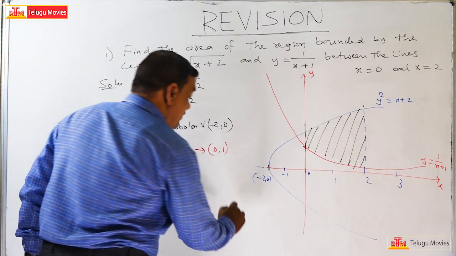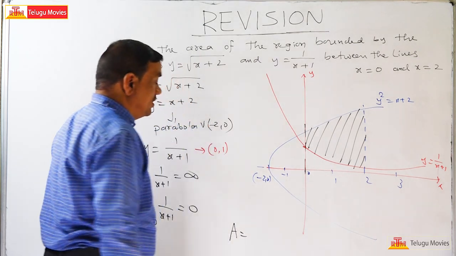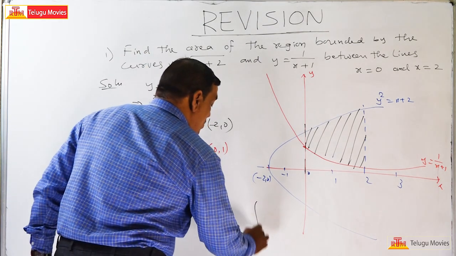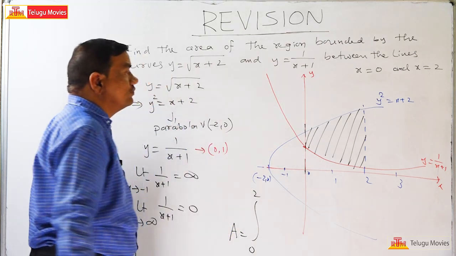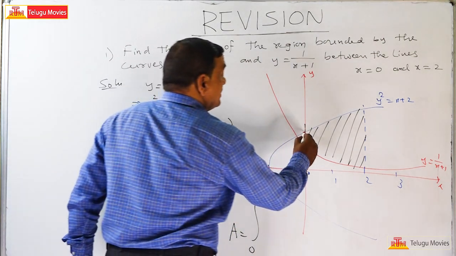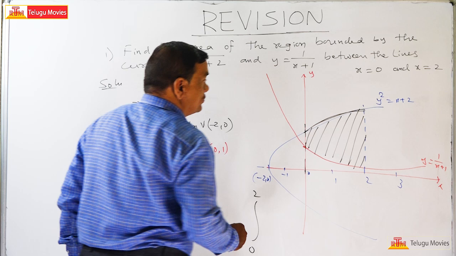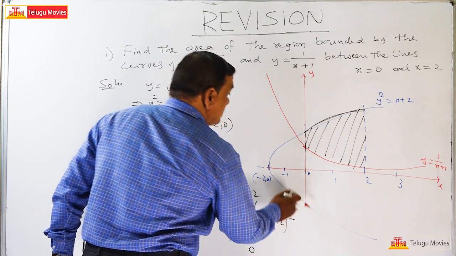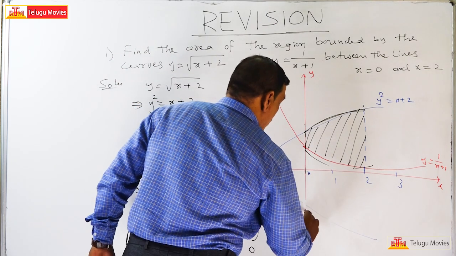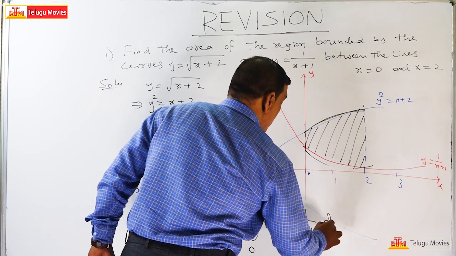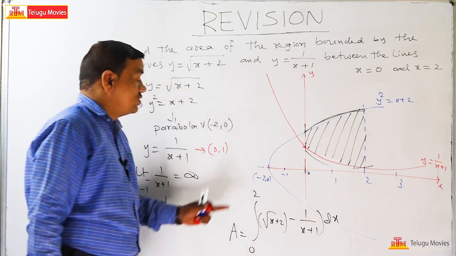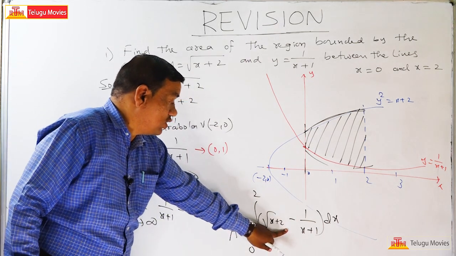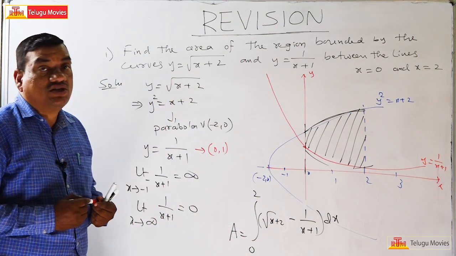The upper curve is root of x plus 2, minus the lower curve, 1 by x plus 1, dx. So it is upper curve minus lower curve between the limits 0 to 2.